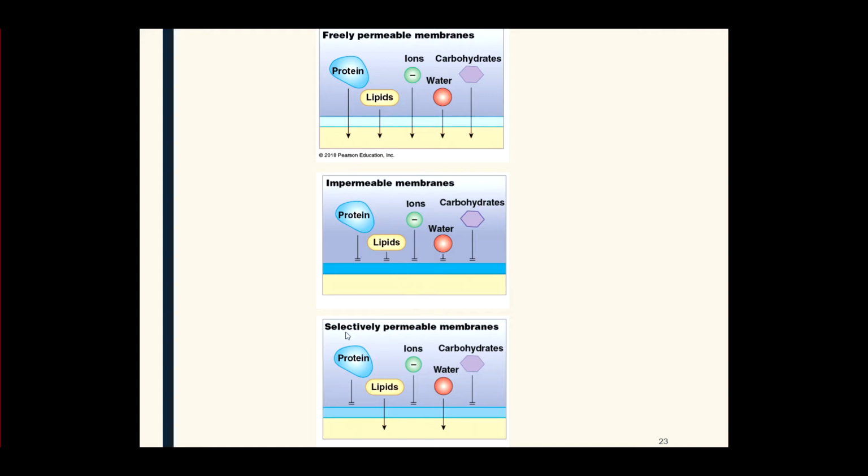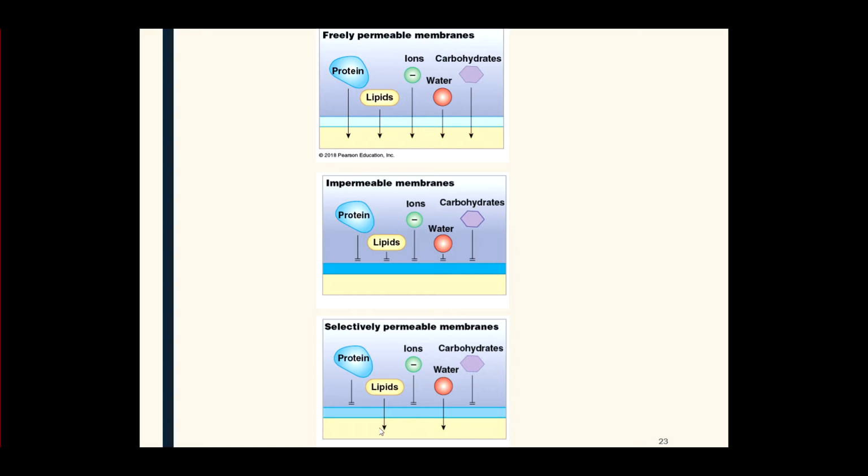Somewhere in between, and this is most cell membranes, they are selectively permeable. Certain things may be restricted, like in this picture here, the protein is being blocked. The lipids are being allowed to go through this time. Ions are being blocked. Water can move through. Carbs are being blocked. So the membrane has the ability to decide what can go through to the cytosol.